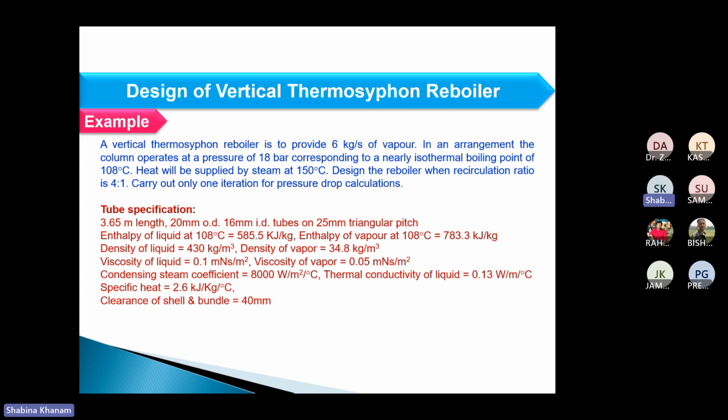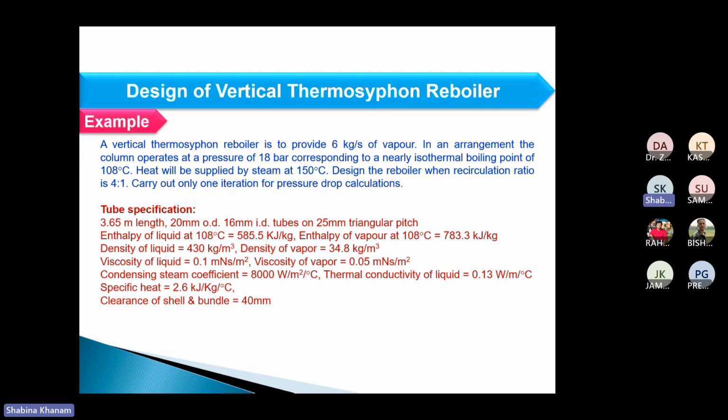One is due to friction, and that can be done in two ways: one way is considering pure liquid, and the second is considering the mixture. Then averaging these two gives the pressure drop due to friction.